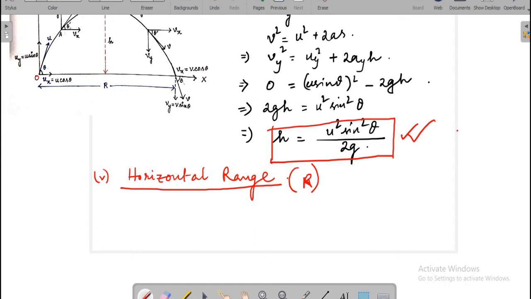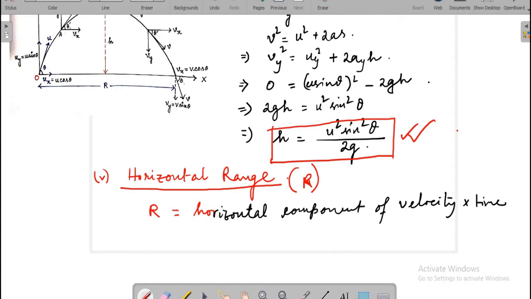So we can write horizontal distance, that is R, is equal to horizontal component of velocity into time of flight, that is ux into capital T. Now we know ux is u cos theta.